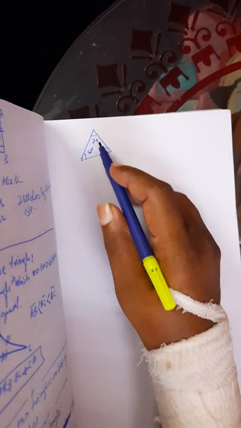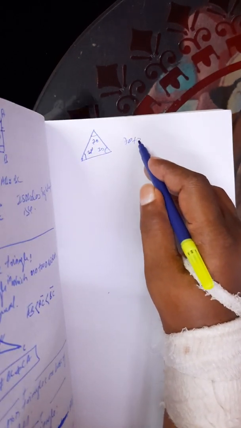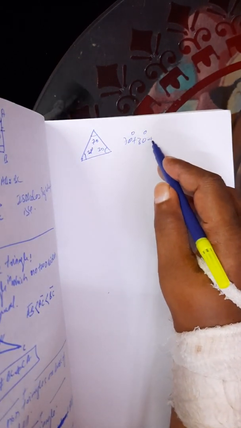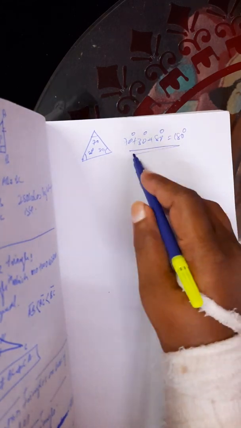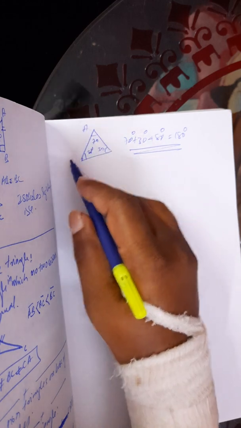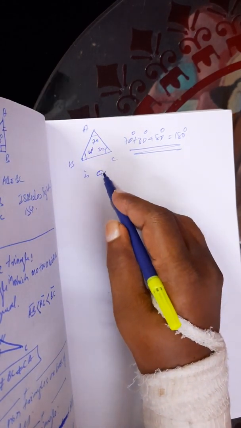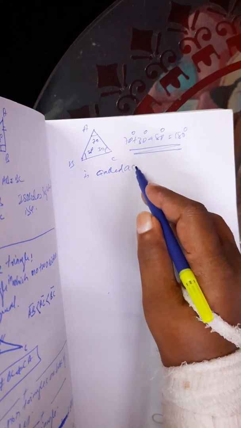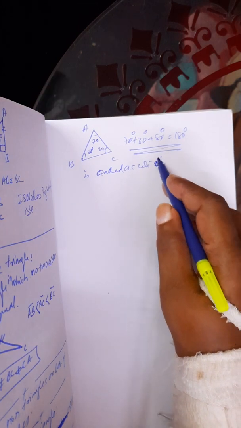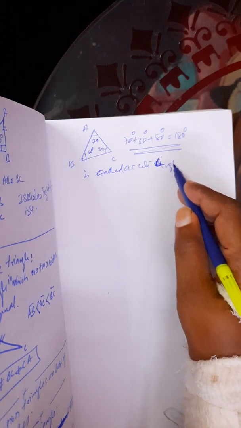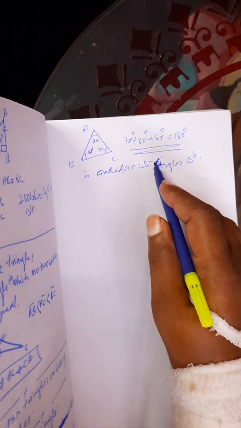Example, 70, 30, 80. 70 degrees plus 30 degrees plus 80 degrees is 180. So like this, triangle ABC is called an acute angle triangle.